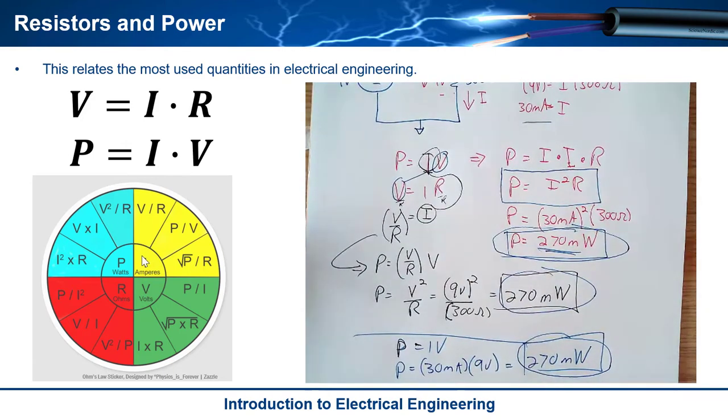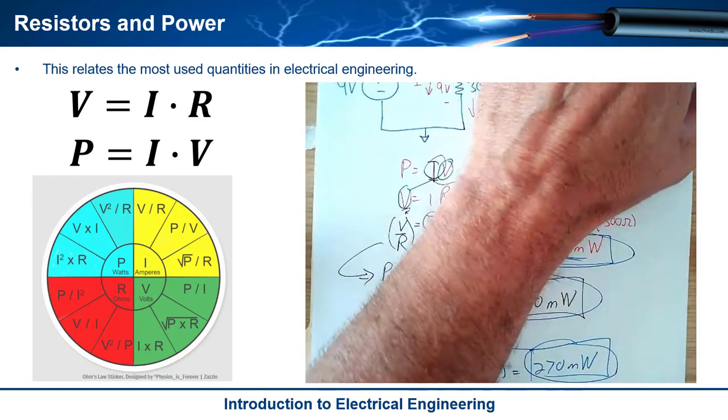But what's interesting is that you can rearrange these two equations into a whole bunch of different forms. So current is V over R, current is power over voltage, current is the square root of power over R, and voltage is P over I and the square root. Every variation of these two equations is seen in these wheels that you find every once in a while. It's just kind of an interesting graphic.